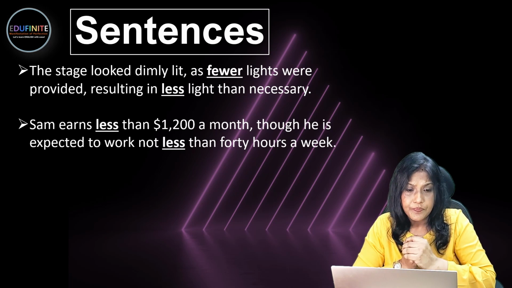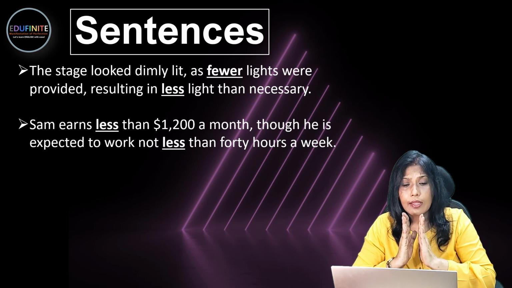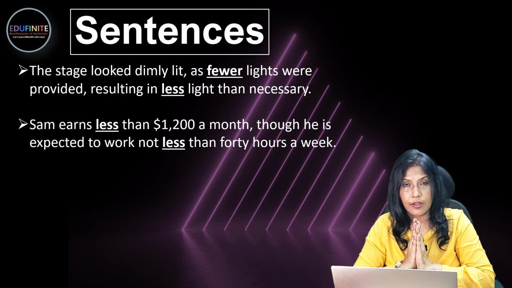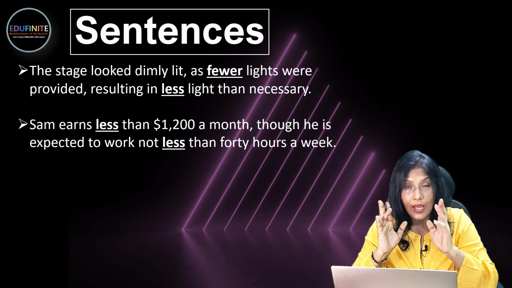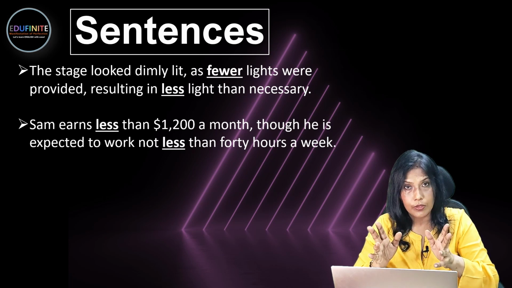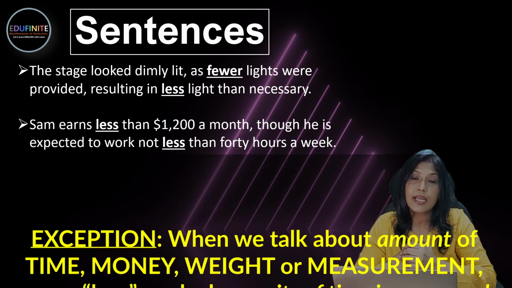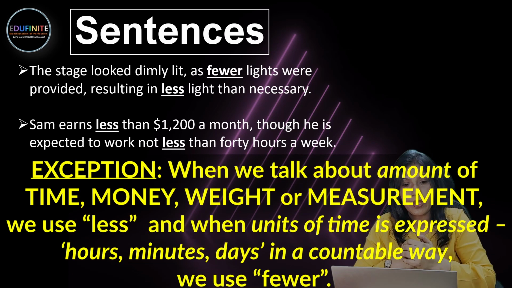So you see, you'll now have a question over here that $1,200 is countable. So why are we using less with it? We should use fewer. But this is an exception. Well, the exception is when we denote time, or when we use time, money, measurement in our sentence, they are considered as a compact unit.